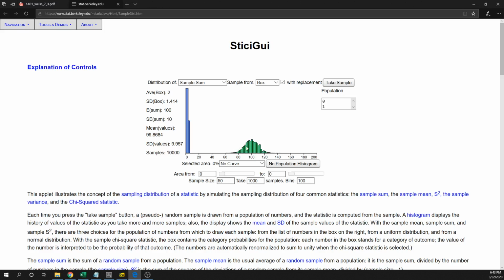All right, so even though the population that we're sampling from is not normal, because of the large sample size, we can see after taking 10,000 samples of size 50 and looking at its histogram, that looks approximately like a normal distribution. You can see it looks just about like a bell-shaped curve there. If I take that off, it will zoom in a little bit, and you can see it's not exact, but it's pretty close.